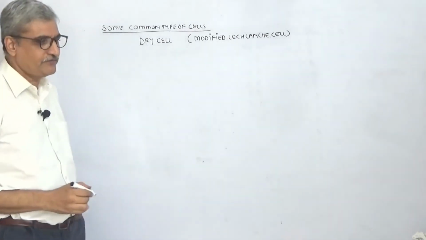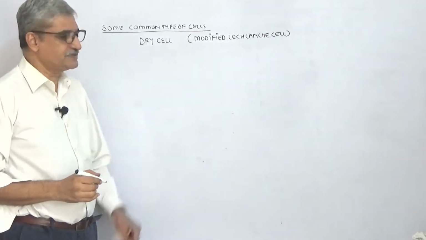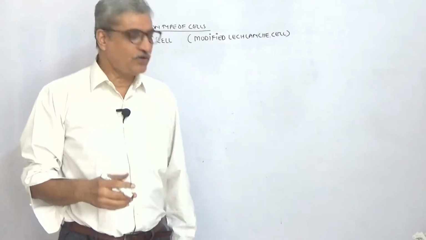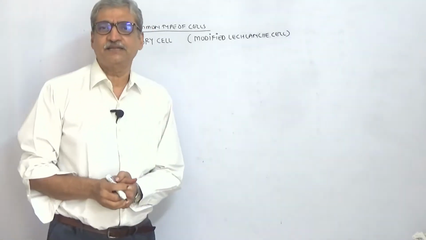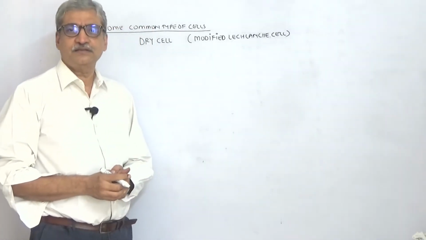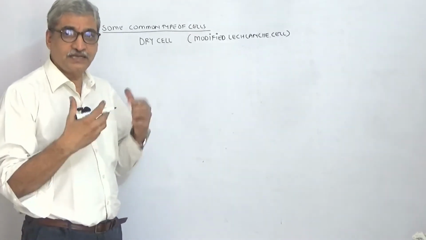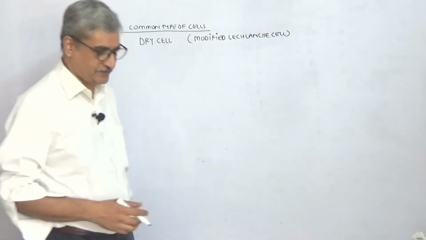Remember that it is modified. What is the modification? In the Leclanché cell, all these electrolytes are in the form of solution. Here it is in the form of paste. That is the only difference.